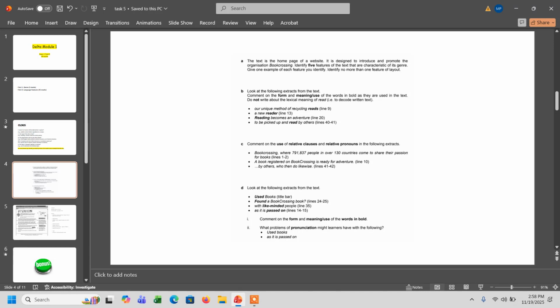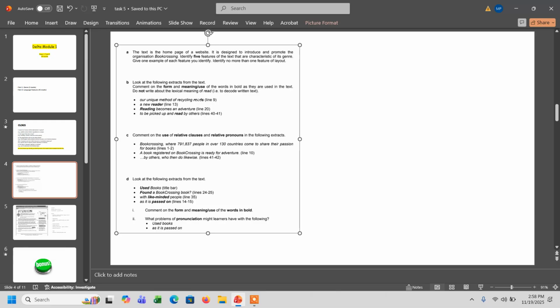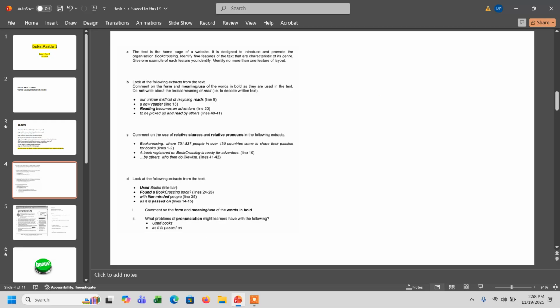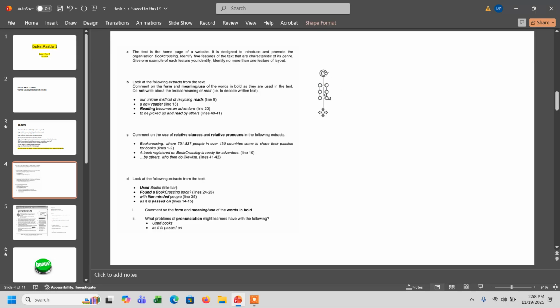What you need to include for each, like for number B, is form. Form for reads, new readers, reading. So reads. What do you think of reads? Reads is kind of a noun.